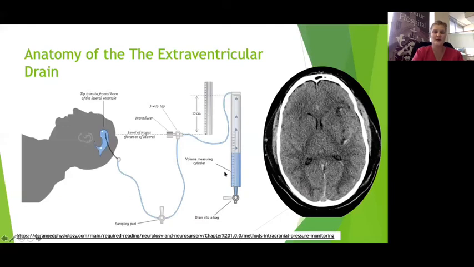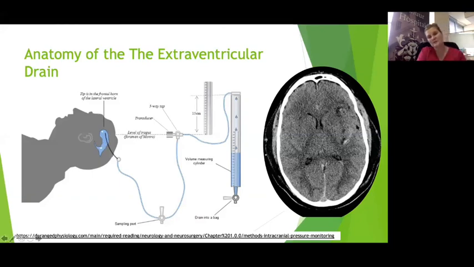Just to show you guys an example of what an external ventricular drain looks like. So it's literally a little drain pipe that goes into the ventricular system. It's connected to a drainage pipe, and you can set the height. We usually use the 0 point as the foramen of Monroe.